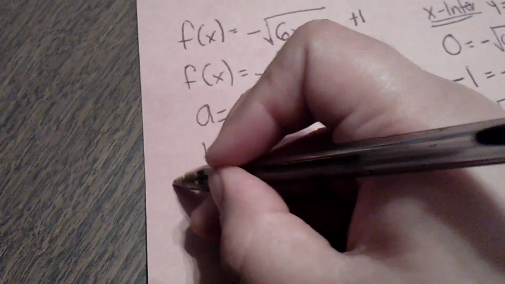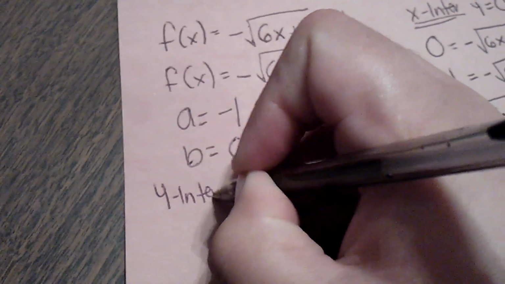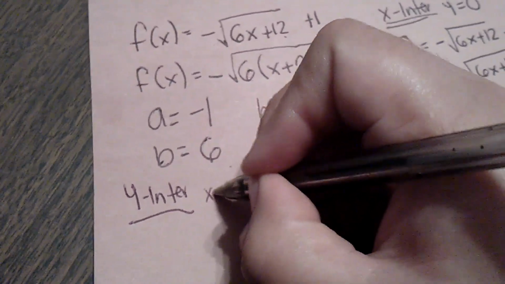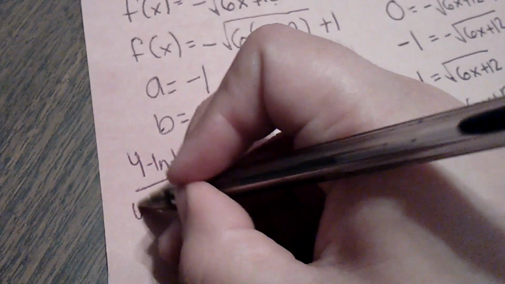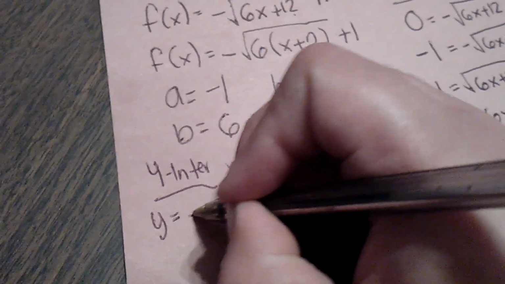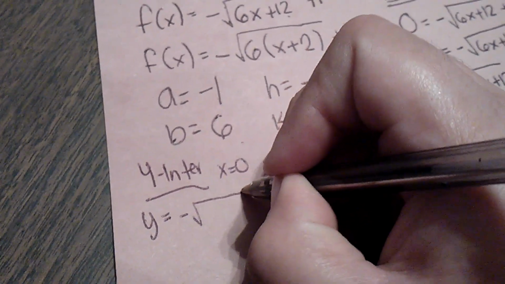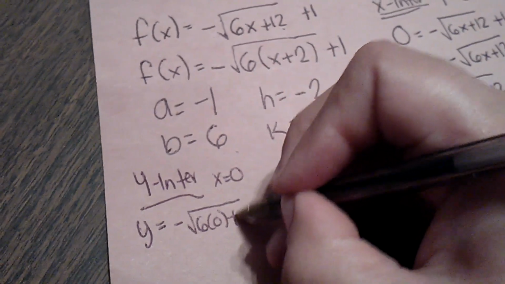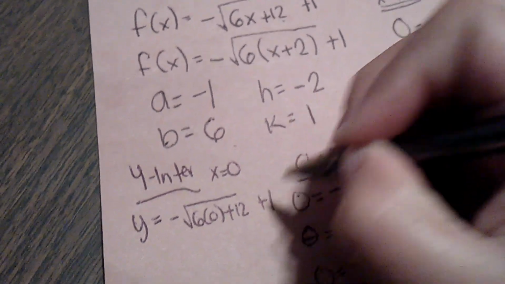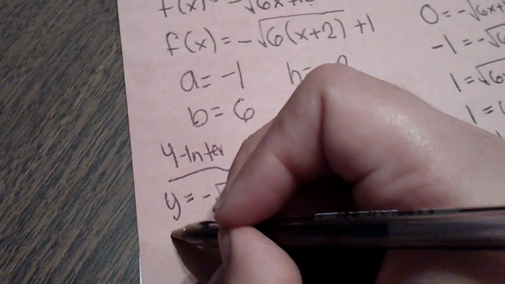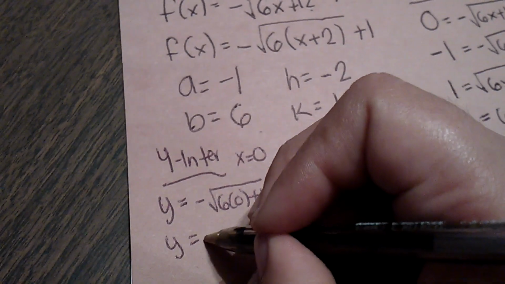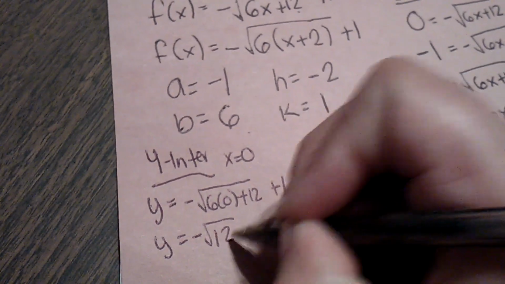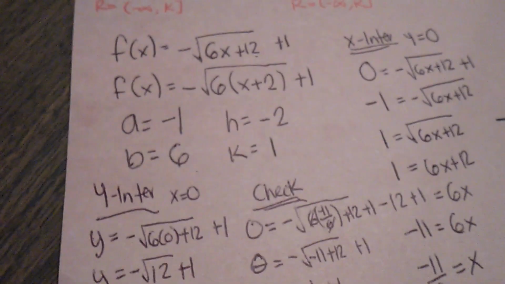And then my y-intercept. My y-intercept is when x equals 0. So y equals minus radical of 6 times 0 plus 12, plus 1. 6 times 0 is 0, so it's minus radical of 12 plus 1.